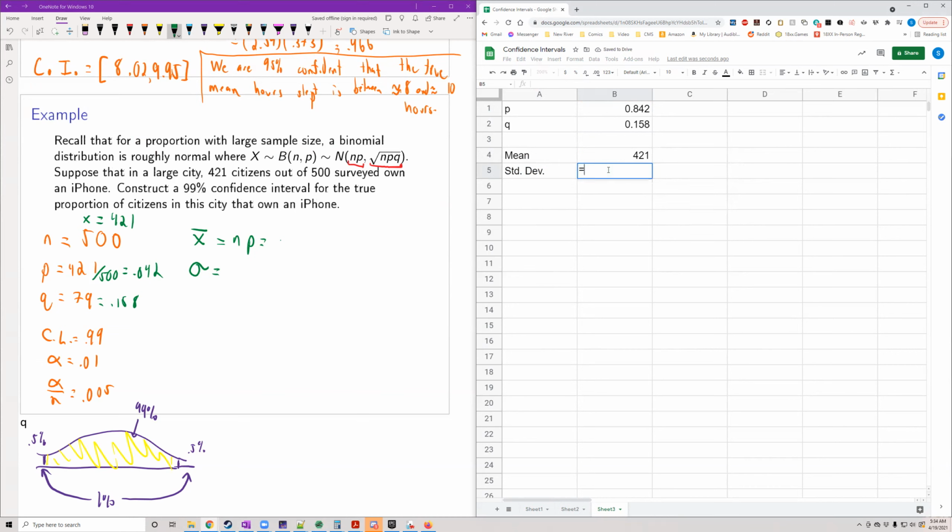The standard deviation is the square root of 500 times P times Q, which is 8.155. Let's write those both down. So square root NPQ. This gave us 421, and the standard deviation, 8.156.